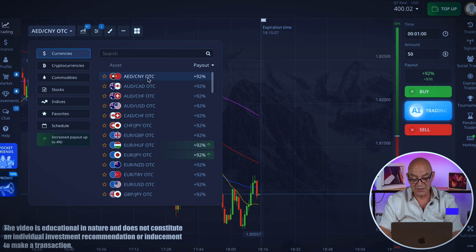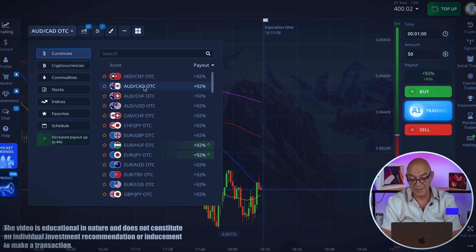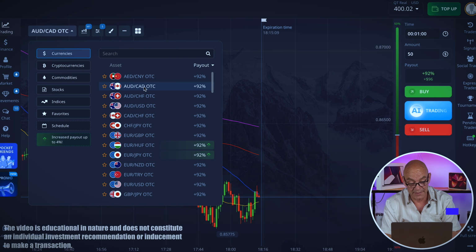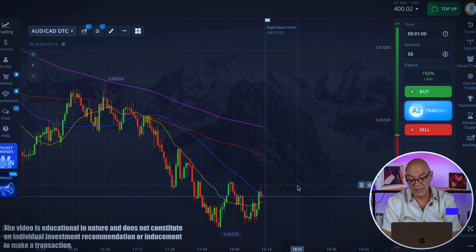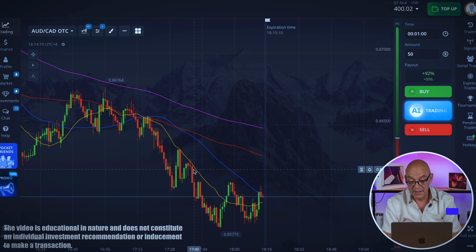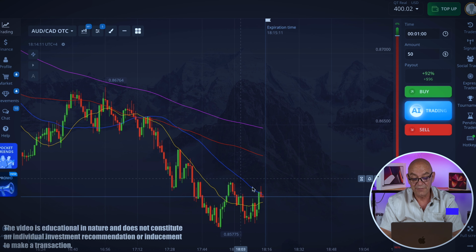A moving average, essentially, is the line that smooths out price movement and shows the overall market trend. On the chart of the AUD/CAD OTC asset, we notice a situation where the price, after a smooth decline, begins to gradually slow down and prepare for a reversal.